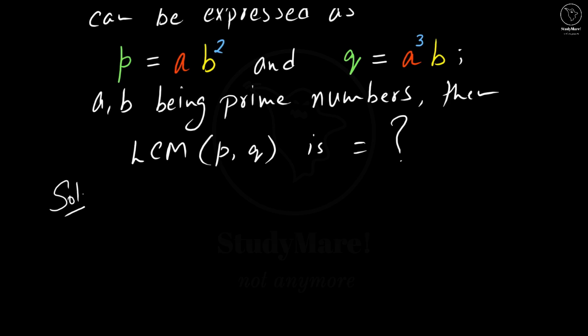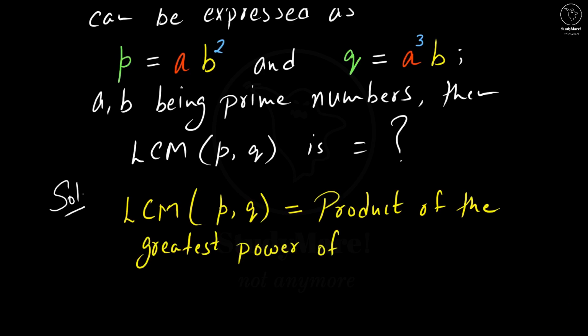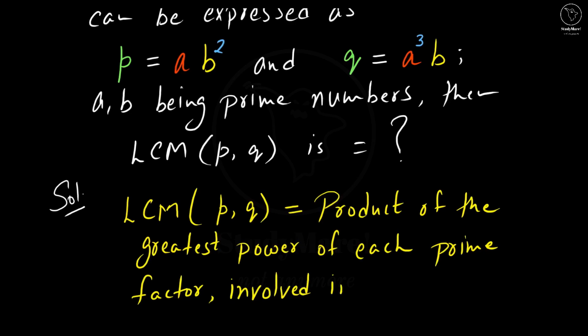The rule says that if we have to find the LCM of two numbers, let's say P and Q, then this is equal to the product of the greatest power of each prime factor involved in the numbers.